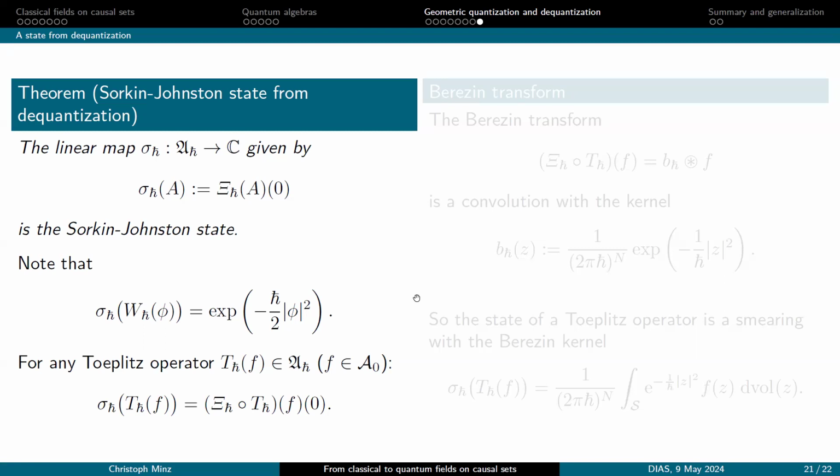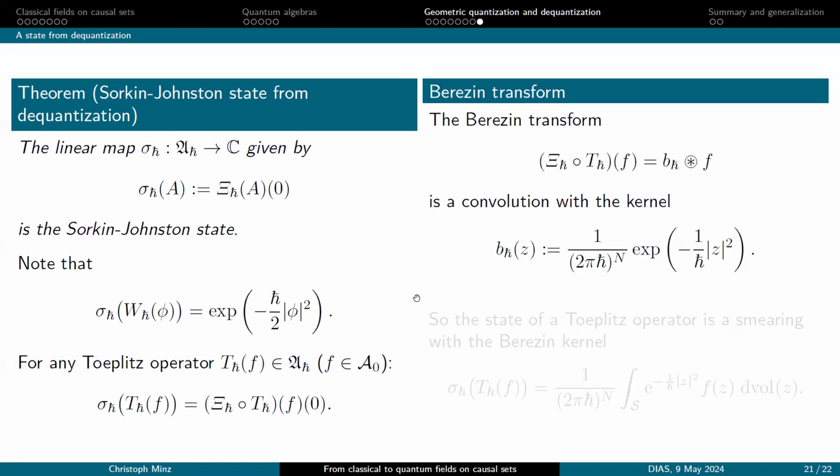And for a general Toeplitz operator, the state would be this composition of the two maps, so of the Toeplitz quantization with this dequantization. And if you do that for a function, then you will get to this so-called Rejzner transform.